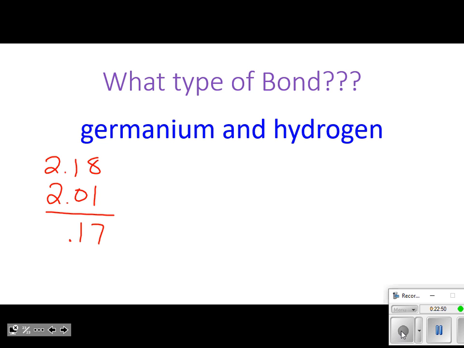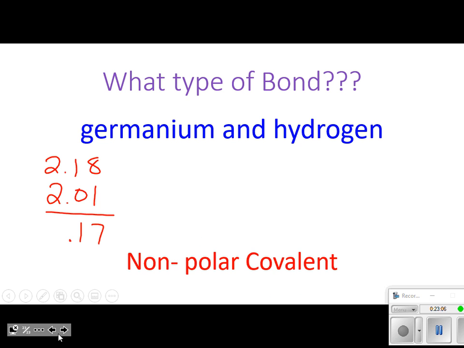My difference in electronegativity is 0.17. So what type of bond is going to be formed here? Non-polar. A non-polar covalent bond.